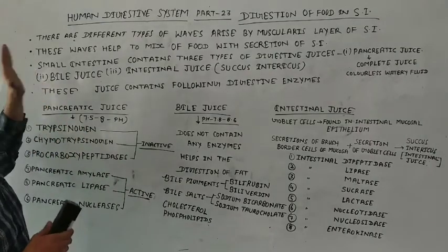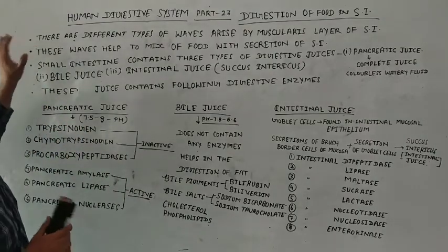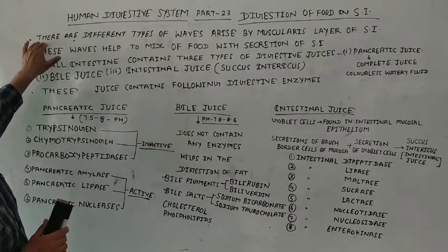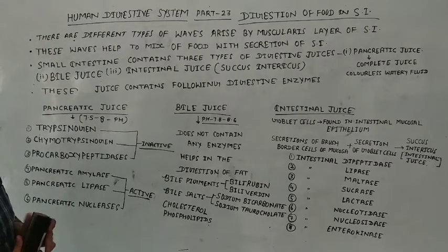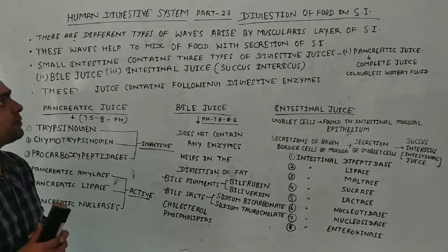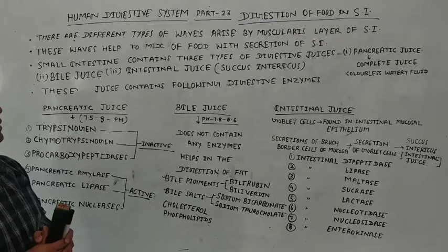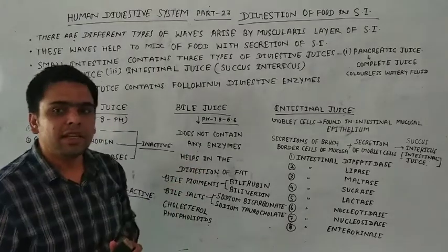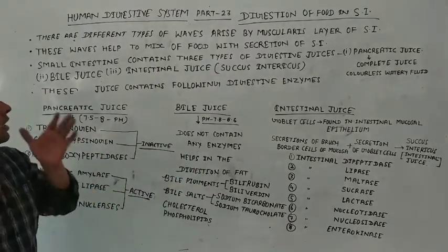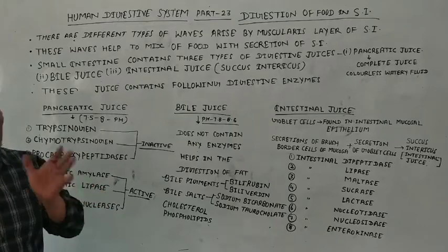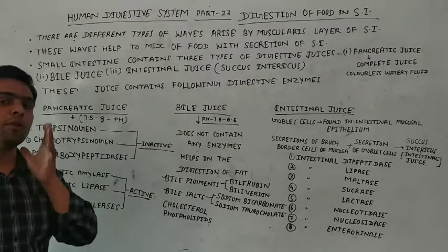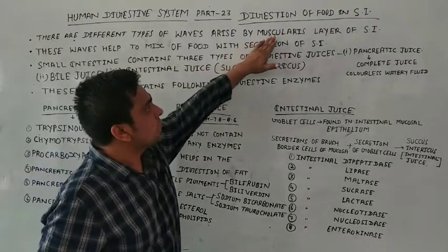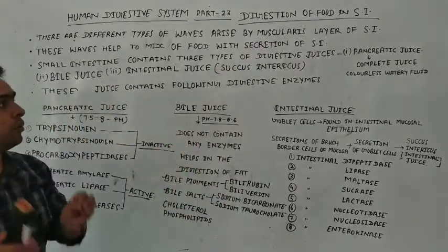The first topic is that there are different types of wave-like movements arising from the muscularis layer of the small intestine. You know very well that our small intestine contains many layers, and one of them is called the muscularis layer.